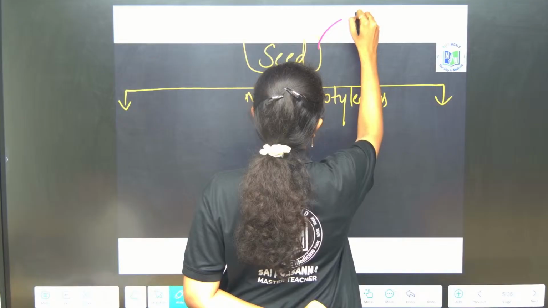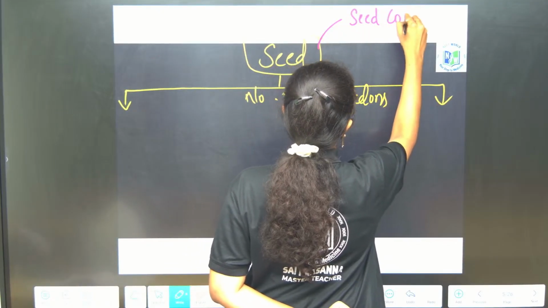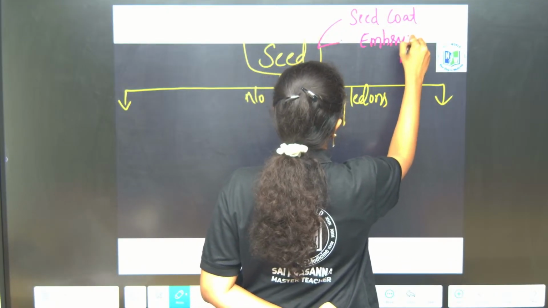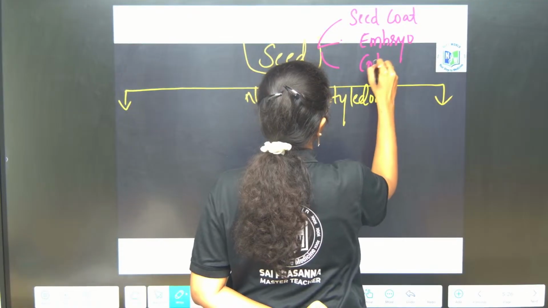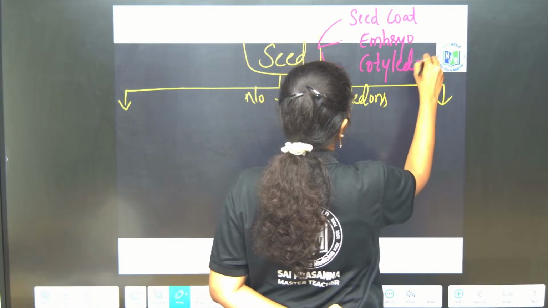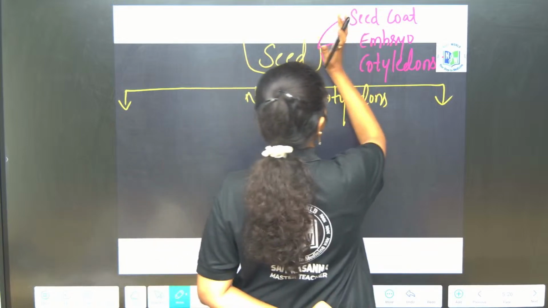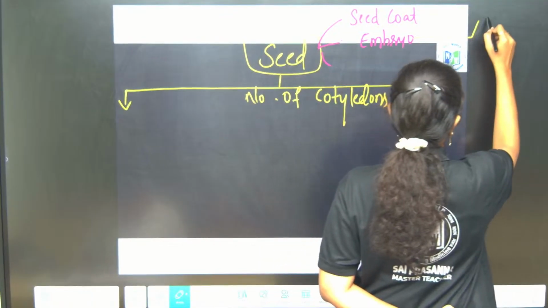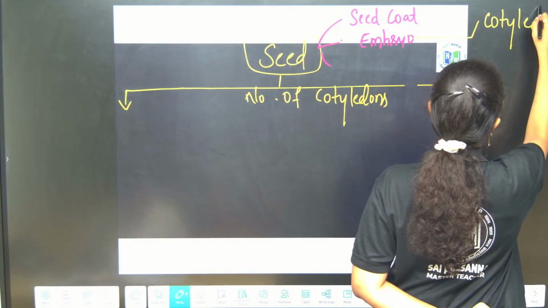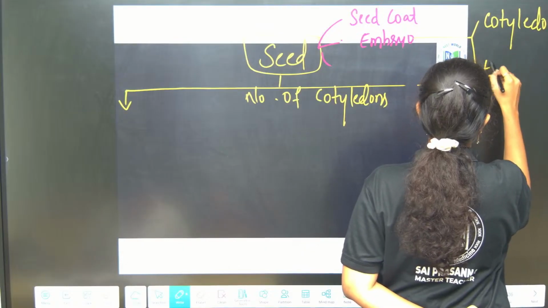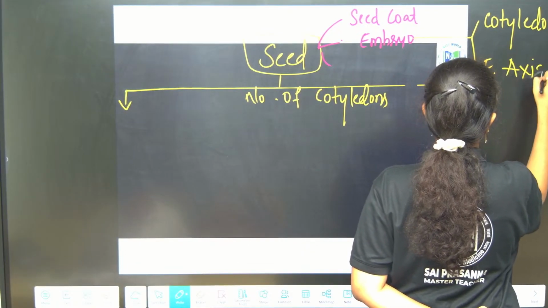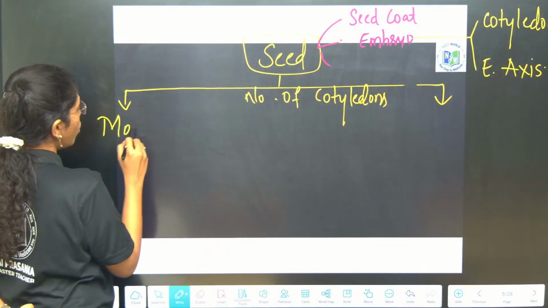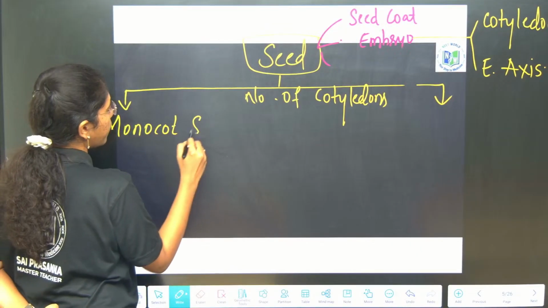Seed coat, which is testa and tegmen, and embryo, which has cotyledons and an embryonal axis. So based on the number of cotyledons, you have monocot seed and dicot seed.